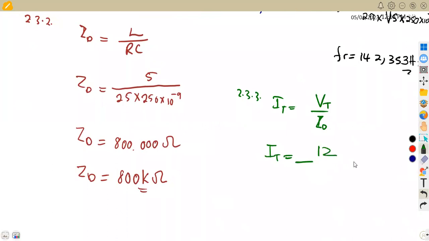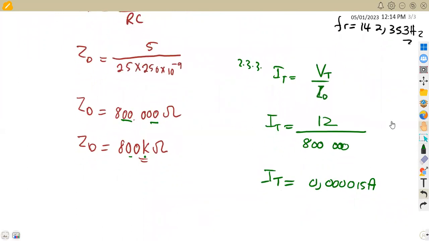So that's 12 over the dynamic impedance, which is 800 kilo, or 800,000. This is going to give us the total current of the circuit, which is 0.000 and 4 zeros, in amps.